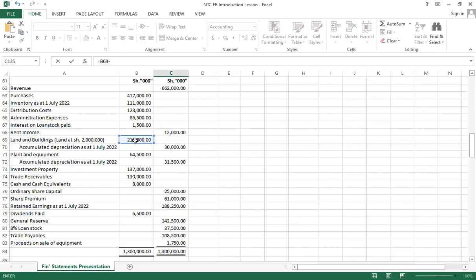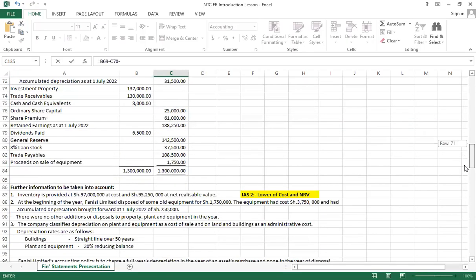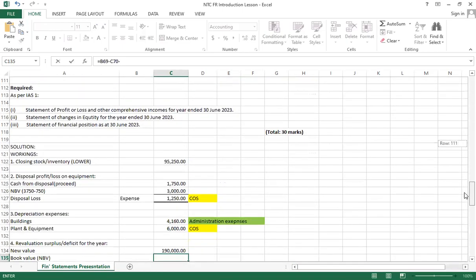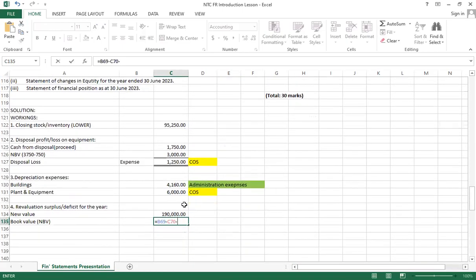Minus, so far to the start of the year, we had accumulated depreciation of 30. And then you proceed to minus again, when you go to our working number 3, one of the assets depreciated, we have buildings.